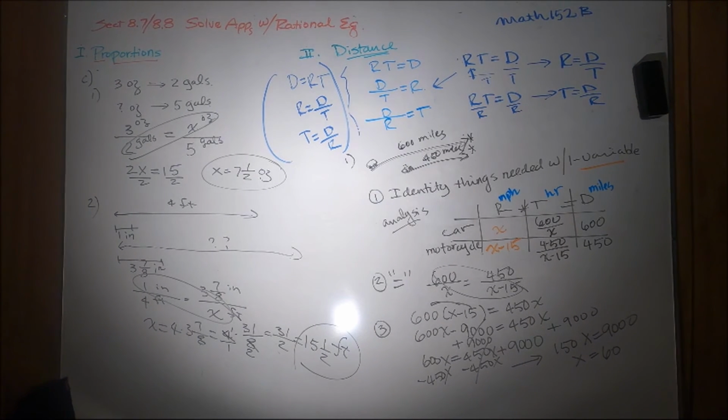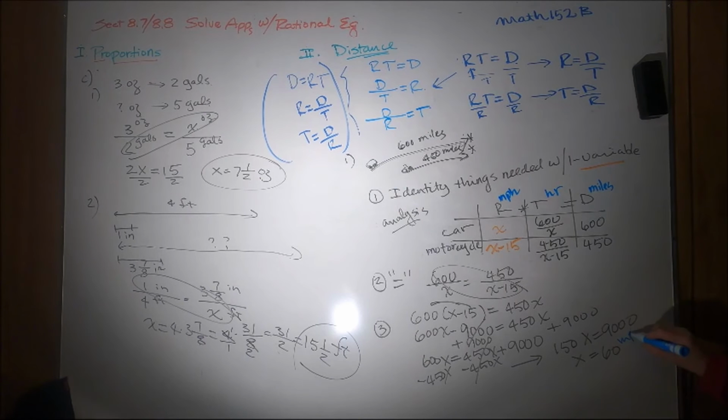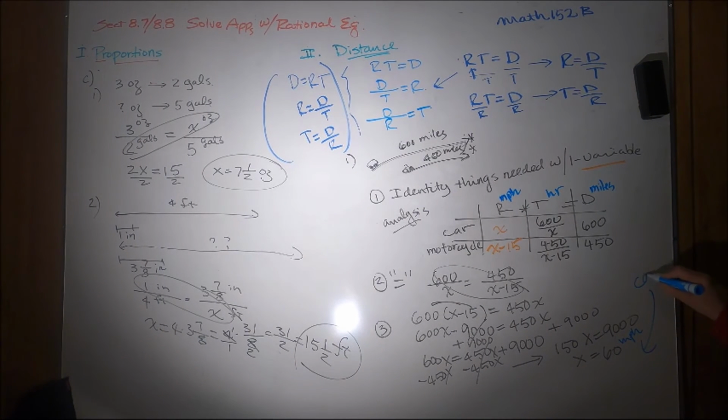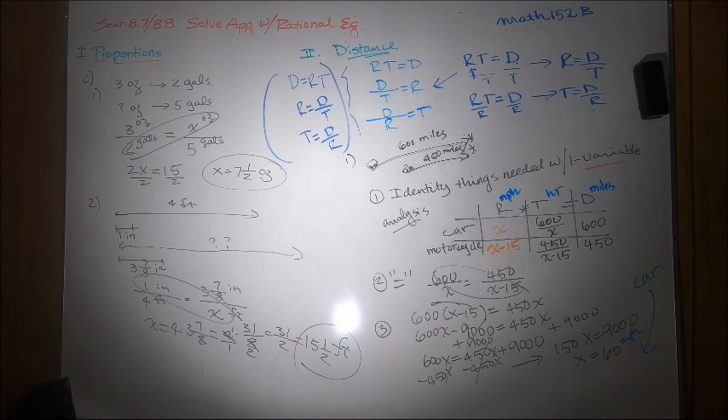60. What does 60 mean? Goats or dollars? Neither, because we said x is the speed of the car. So that would be 60 miles per hour for the car. Then what's your motorcycle's speed? The motorcycle would be 15 miles per hour less.